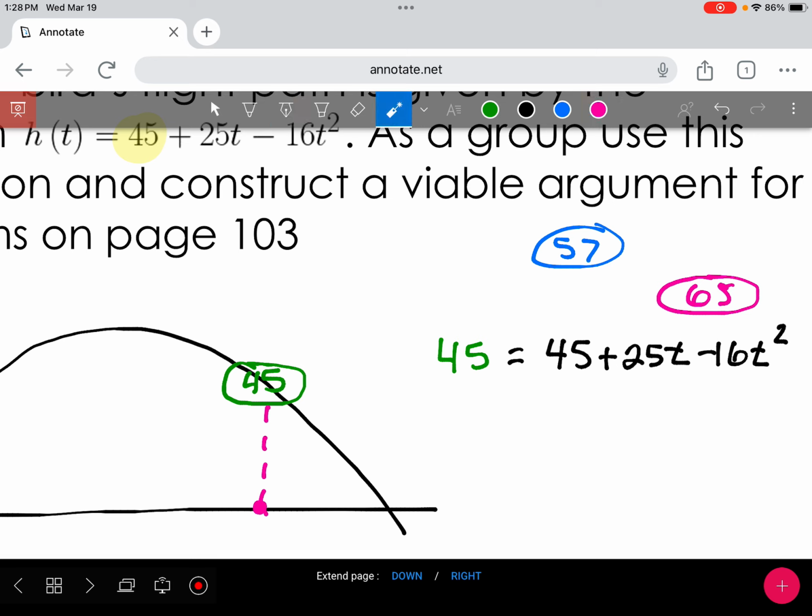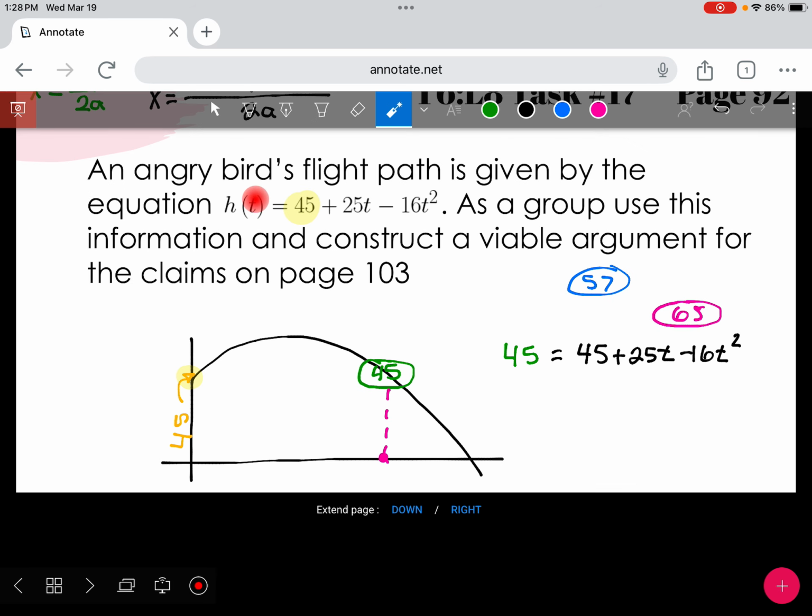How would we be able to figure out if we would get to 57 or 65? How could we do that? We could substitute these in for h and try and factor that way, or try and get to a quadratic formula answer.